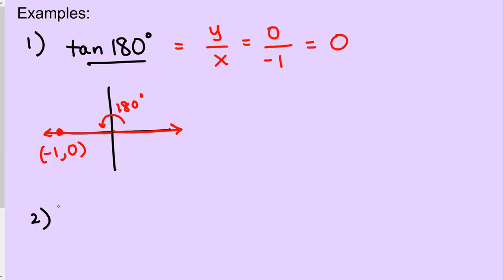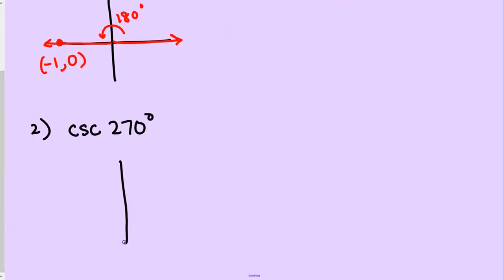Let's do another example. Let's say we wanted to find the cosecant of 270 degrees. Okay, so I'm going to draw a picture. 270 degrees, here's the initial side, here's a terminal side. Here's our angle. I want a point on the terminal side, so that point I'm going to use is 0, negative 1.